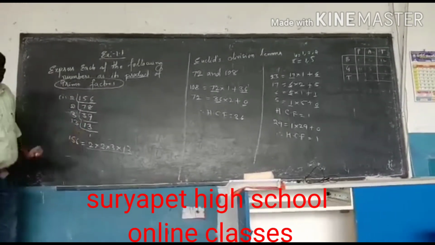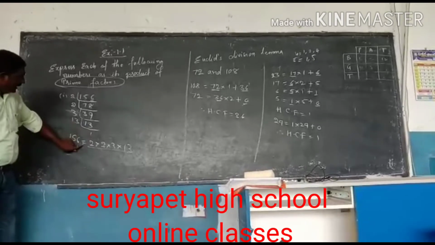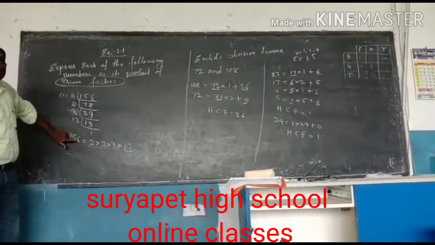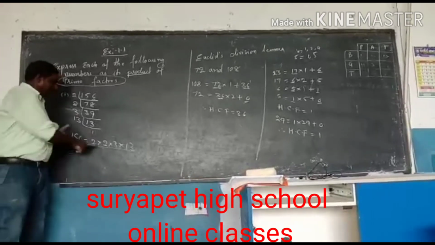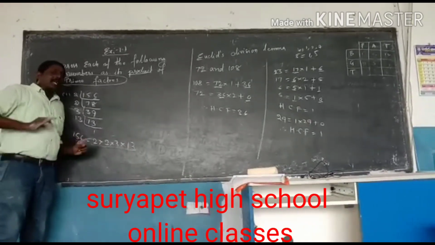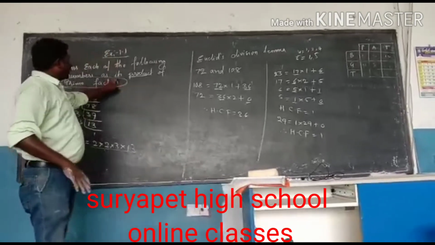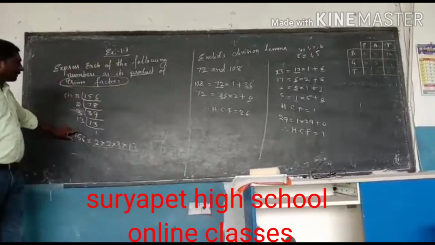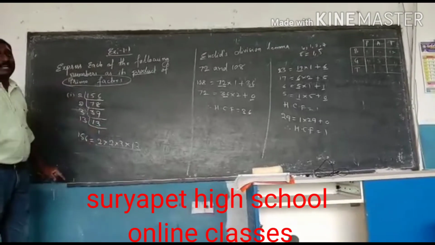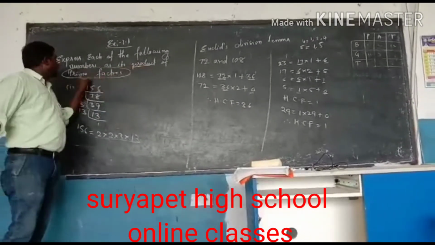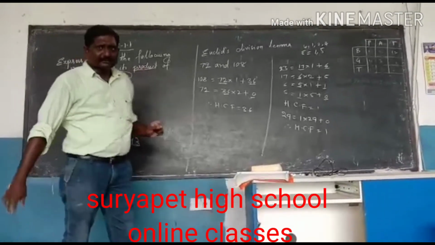The same number we will get. So when we say this, it means this 156 can also be expressed in this way, using only prime numbers. He is saying that for this number we want to express prime factors, only prime numbers, that is the product of its prime factors.